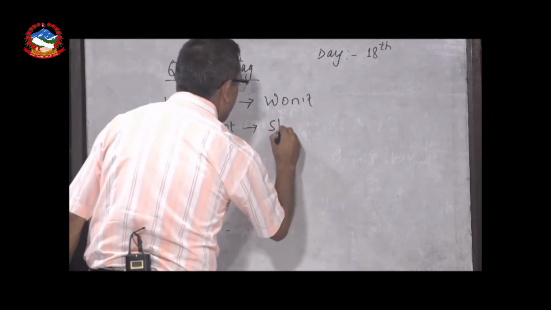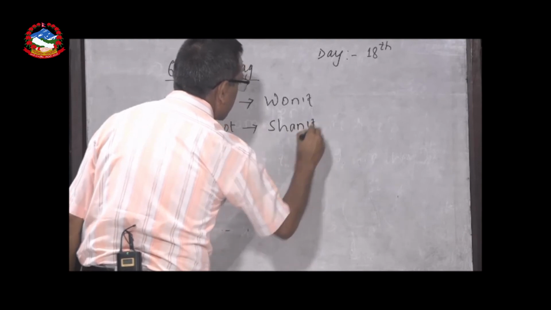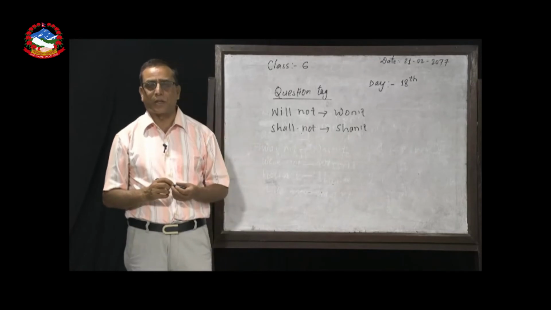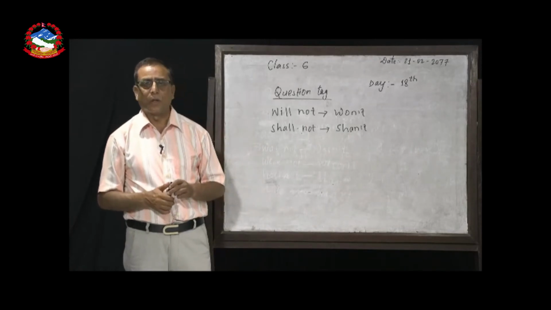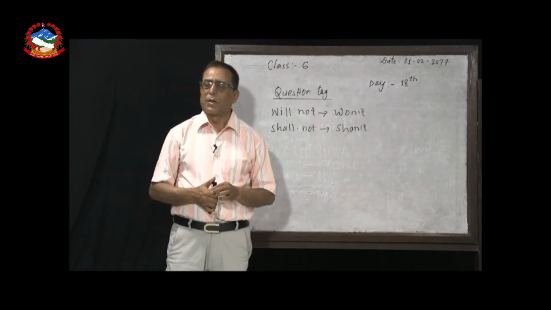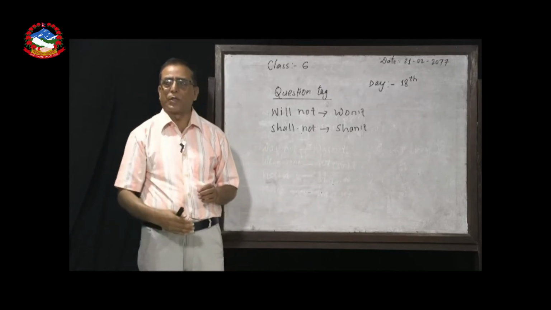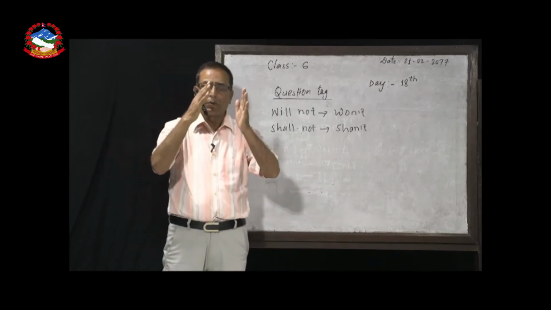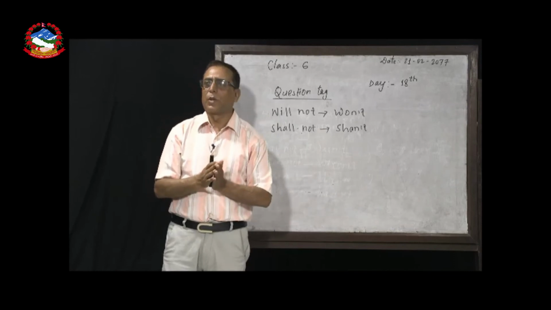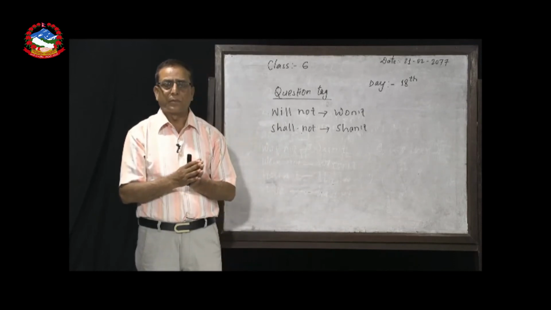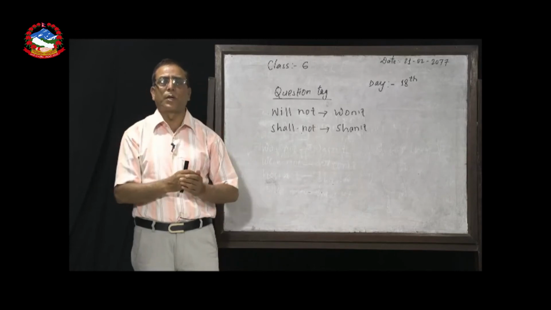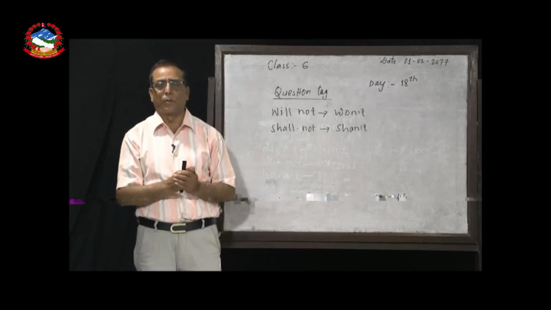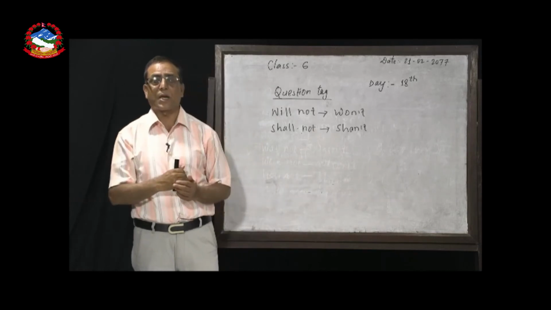The subtracted form of "shall not" is "shan't." There is stress. So always be clear. When you are going to make a question tag for a statement in future with will or shall, you have to change "will not" and "shall not" to the subtracted form: for will not, won't; for shall not, shan't.